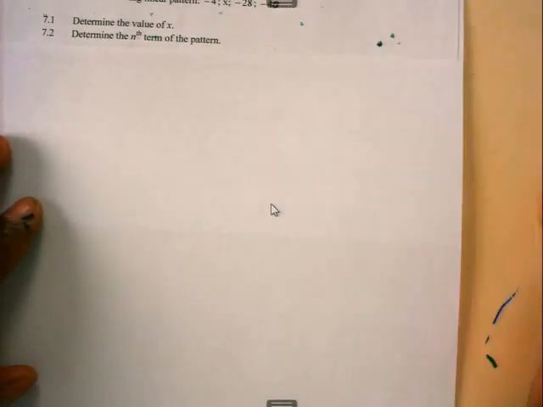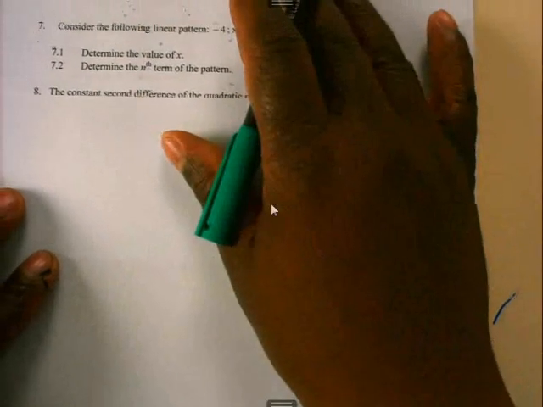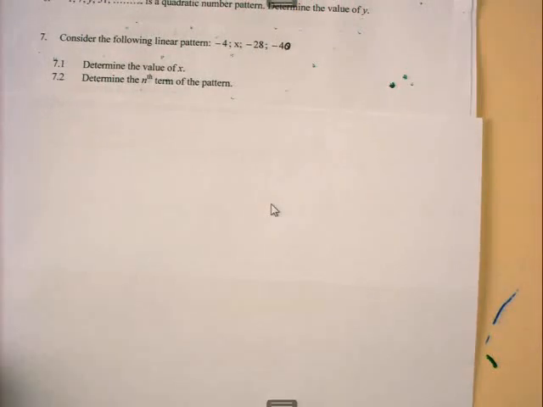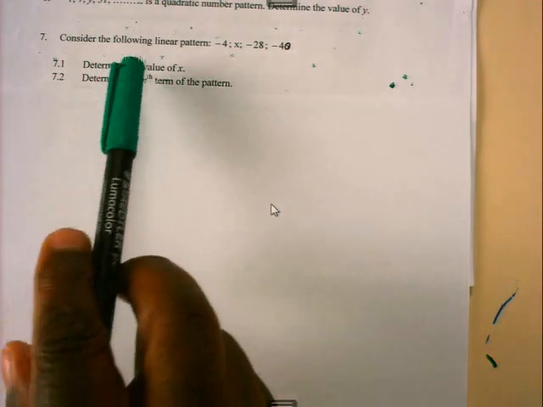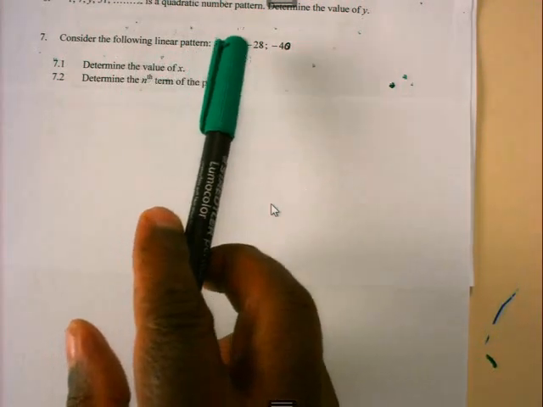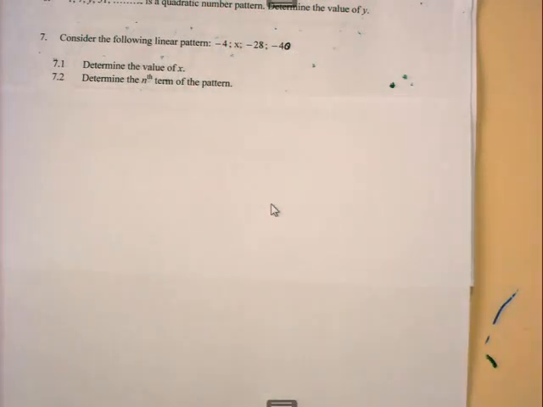It states: consider the following linear number pattern, minus 4, x, minus 28, 40. Determine the value of x. Determine the nth term of the sequence. You can just jot it down and do it on your own when you arrive at home.